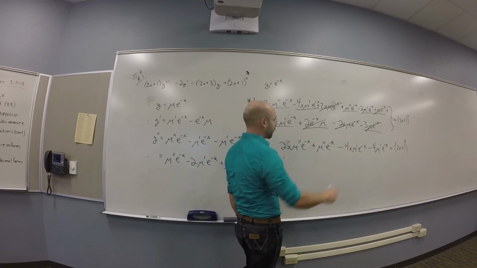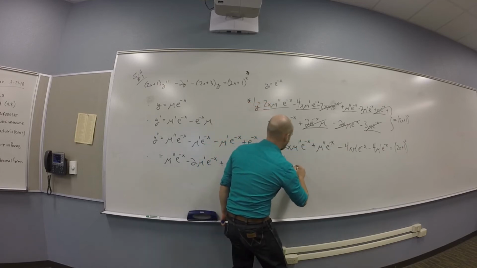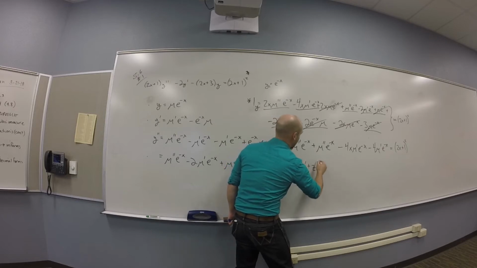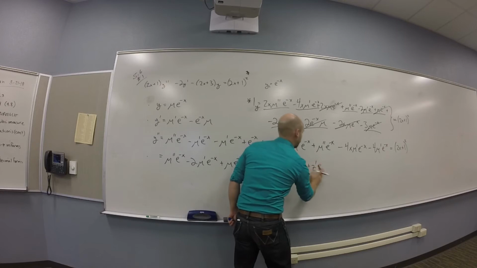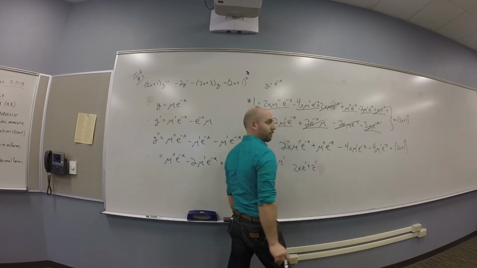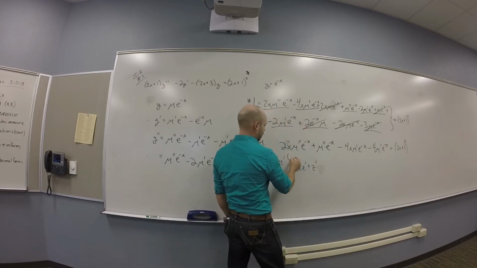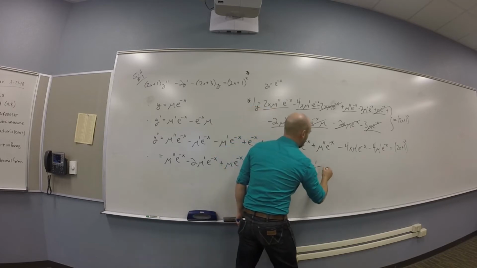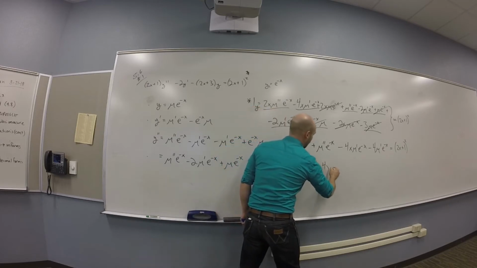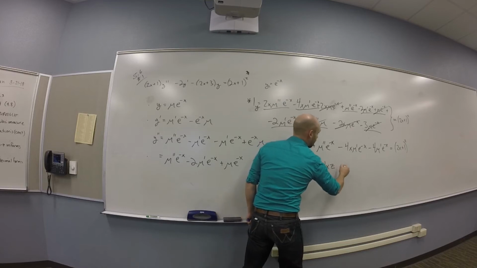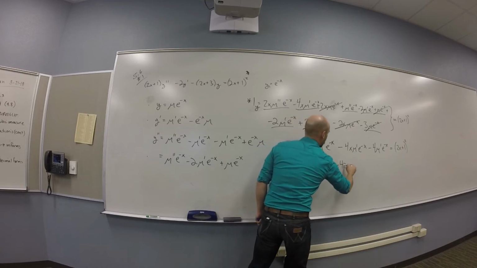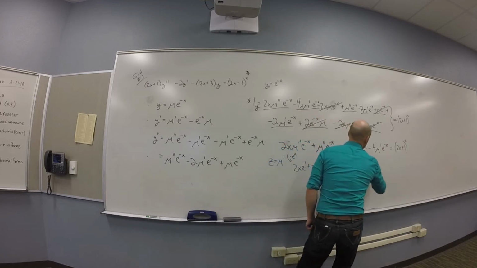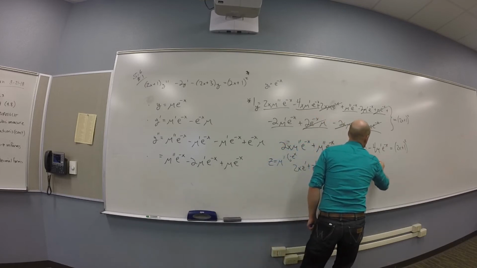I can multiply through by an e to the x. So I got 2x z prime plus z prime, plus z prime. Here I'm also multiplying through by e to the x. And then I got a minus 4x z minus 4z equals 2x plus 1 quantity squared times e to the x.